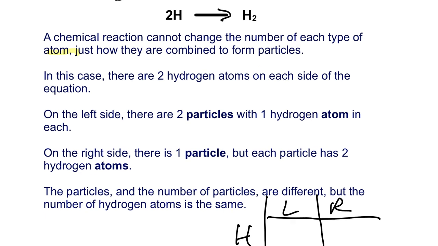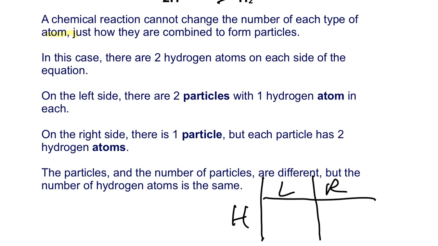So if we look on the left side of the reaction, we only have one element, so it's easy. We've got two unreacted hydrogens. If you look on the right side of the reaction, we have one hydrogen molecule, but 1 times 2 would mean 2 hydrogen atoms, in 1 hydrogen molecule. But the point is, these have to be balanced. That's the law of conservation of matter.